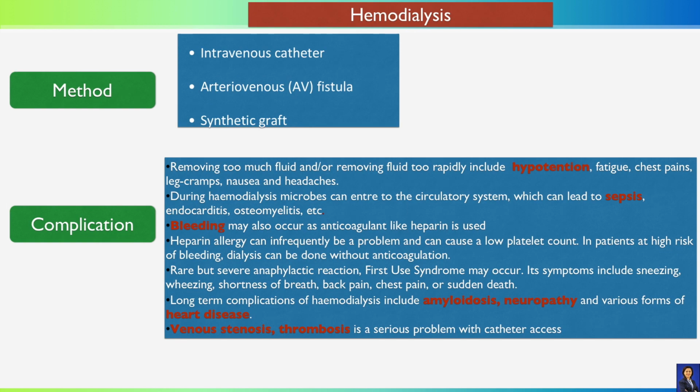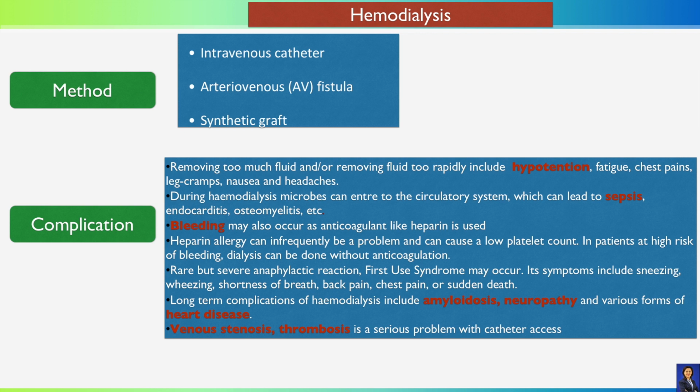In hemodialysis, usually there is an AV fistula or graft, or a central IV catheter, either IJ or femoral catheter. There are complications such as hypotension after excessive removal of fluid from the body. The patient can get line-related sepsis if they have a central line.